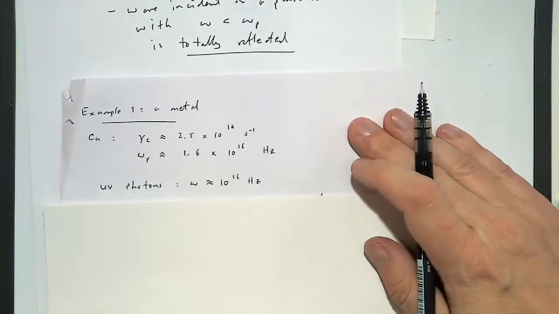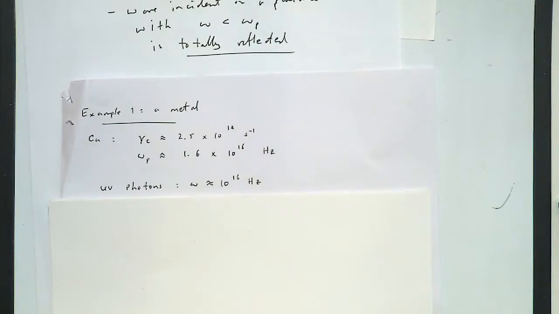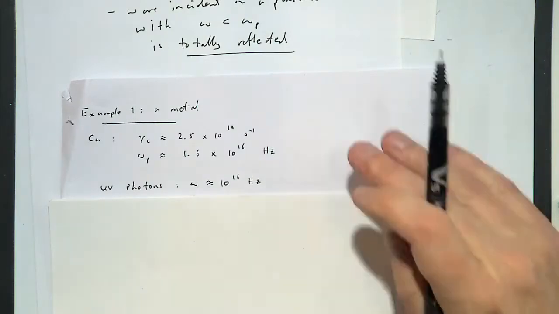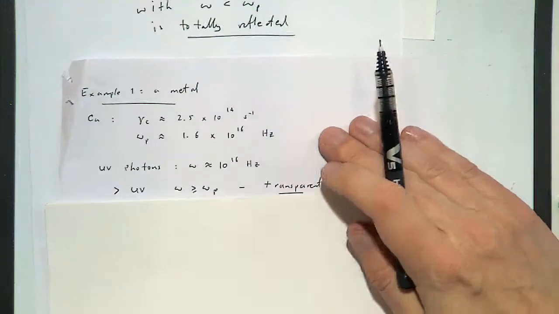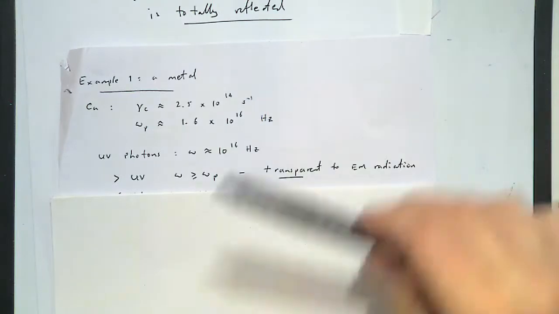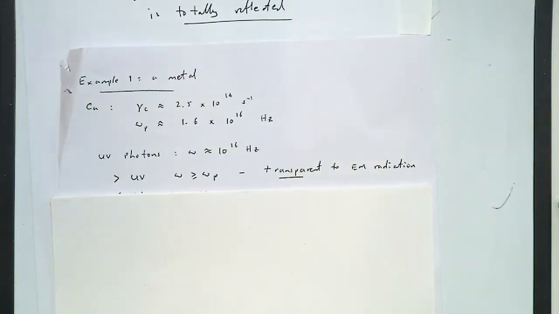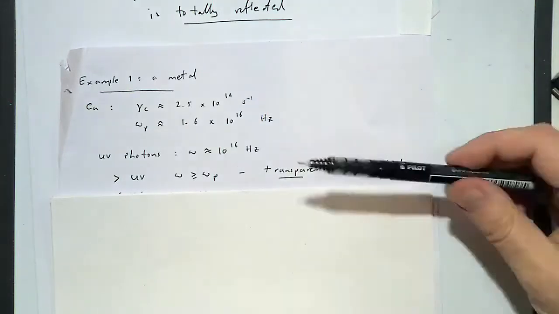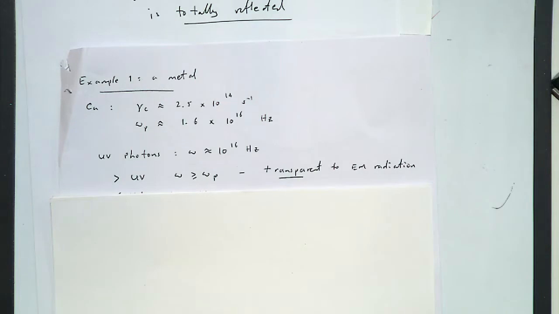Okay, so if we compare that to UV photons, which have similar frequencies, we can see that they will be transmitted. So copper is transparent to UV radiation. Okay. We simply compare the plasma frequency. So the plasma frequency comes from the electron density. Right? UV photons have a frequency which is bigger than that, so they will travel through copper.